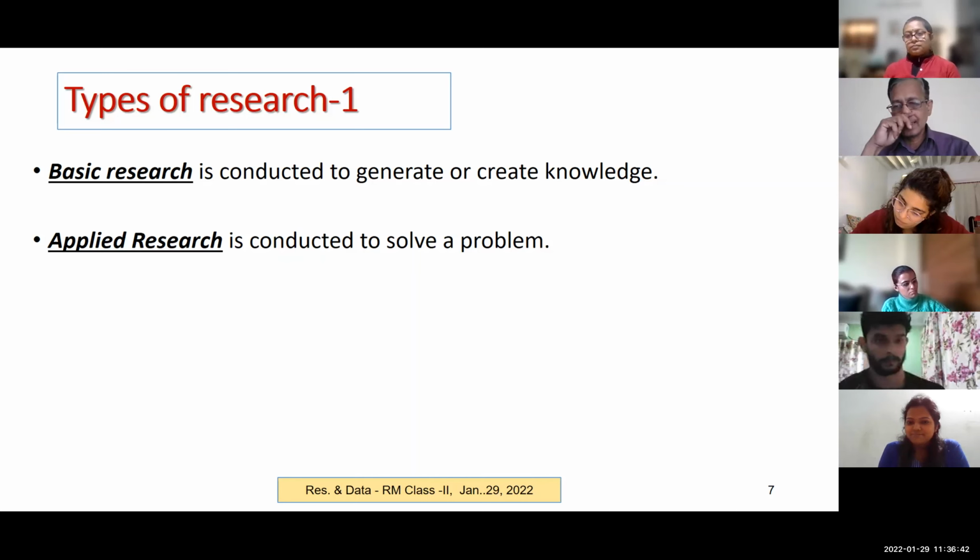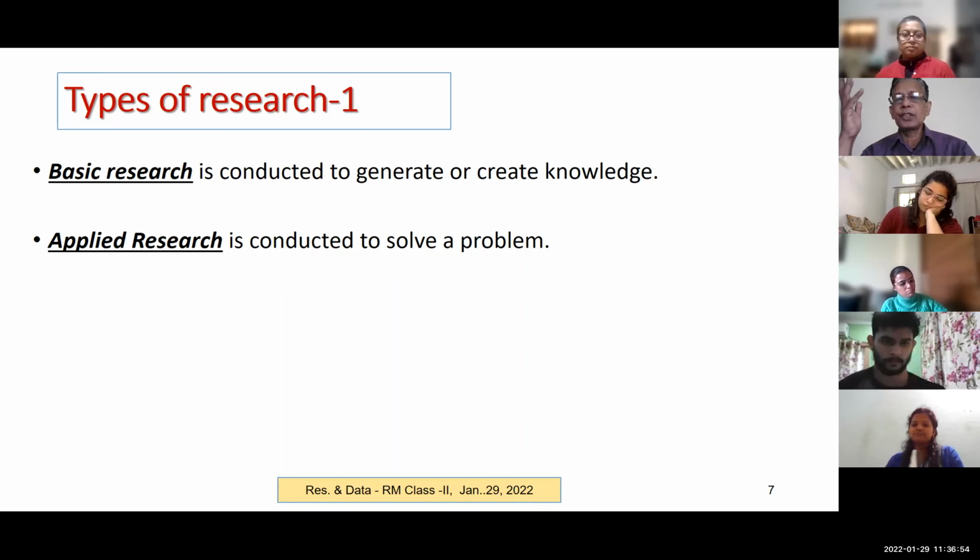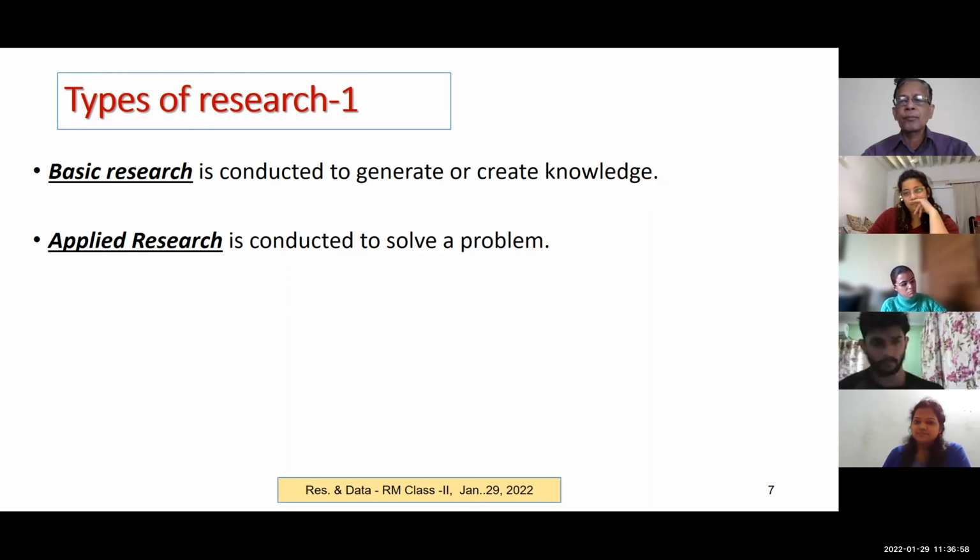Those are the basic research. Now, applied research could be problem-solving research, where you are using some of the known theories to reach some conclusion. This is how you define the broad categories of basic research and applied research.